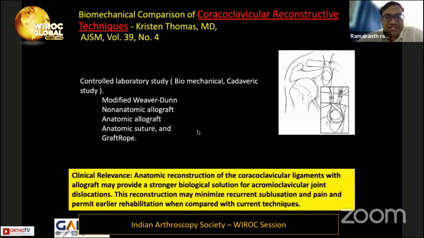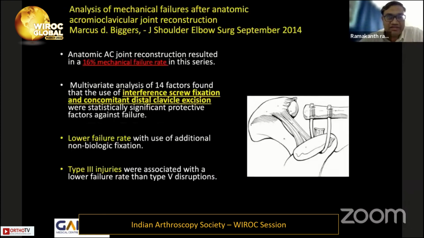So various techniques by the biomechanical studies have concluded that anatomical reconstruction with CC ligament allograft can provide a biologically stronger solution for AC. This can minimize recurrent subluxation and pain and permit early rehabilitation.